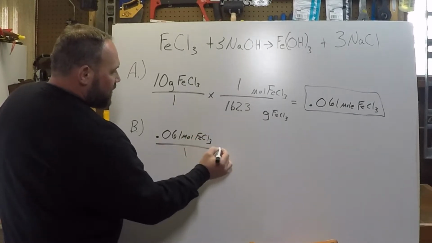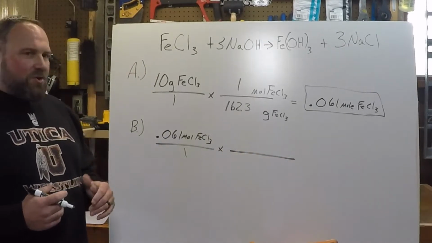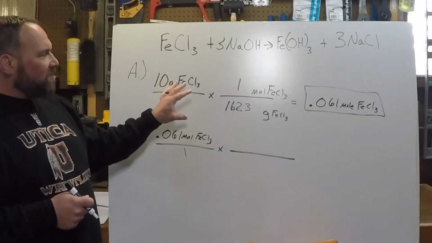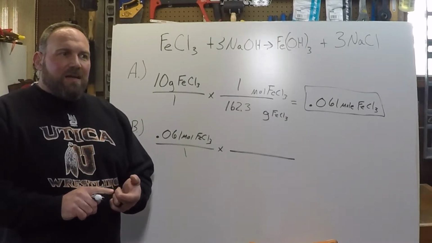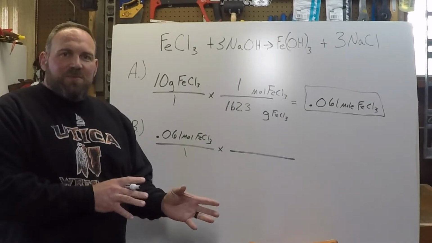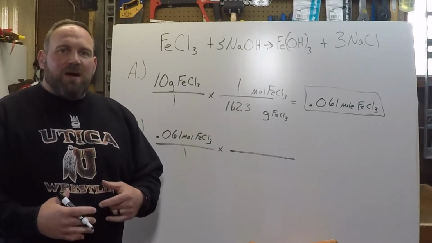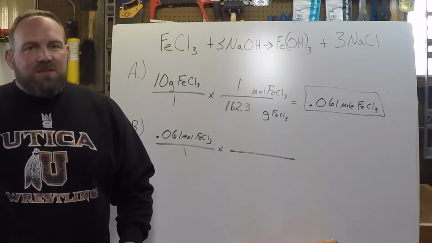Now, step B is the new step here. This is the stoichiometry step. You know how to do this, right? But now we're asking to find something not of the same thing that we started with. We're asking it to find it of a new substance. That's why at the beginning I said this is substance A, this is substance B.